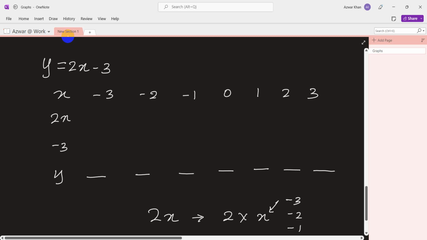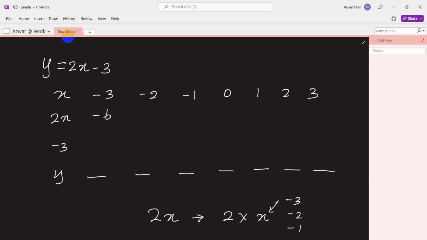So 2 multiplied by minus 3 is minus 6, 2 multiplied by minus 2 is minus 4, 2 multiplied by minus 1 is minus 2, 2 multiplied by 0 is 0, any value multiplied by 0 is 0, 2 multiplied by 1 is 2, 2 multiplied by 2 is 4 and 2 multiplied by 3 is 6. And as we can see here, minus 3 is a fixed value, so I'll write minus 3 throughout.